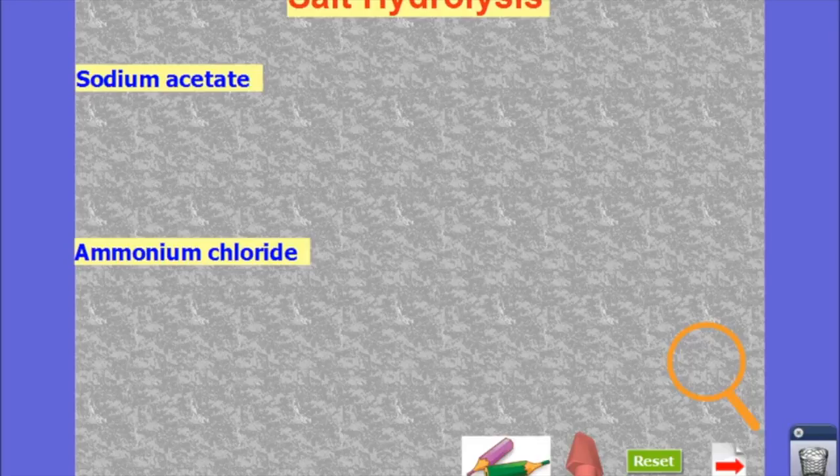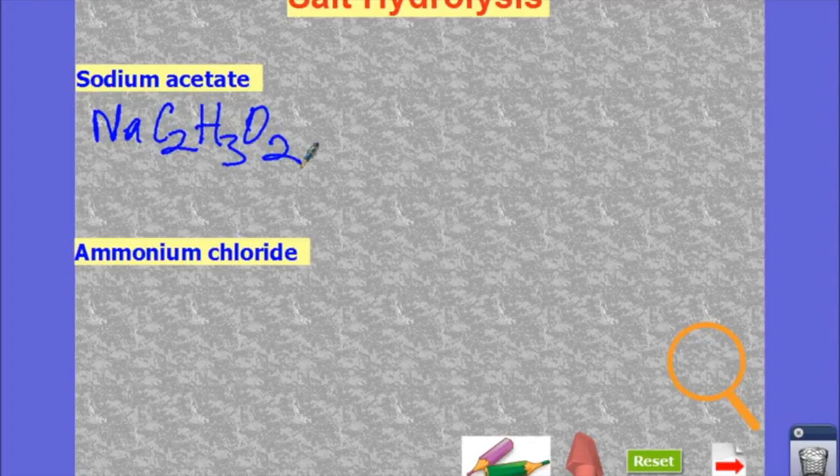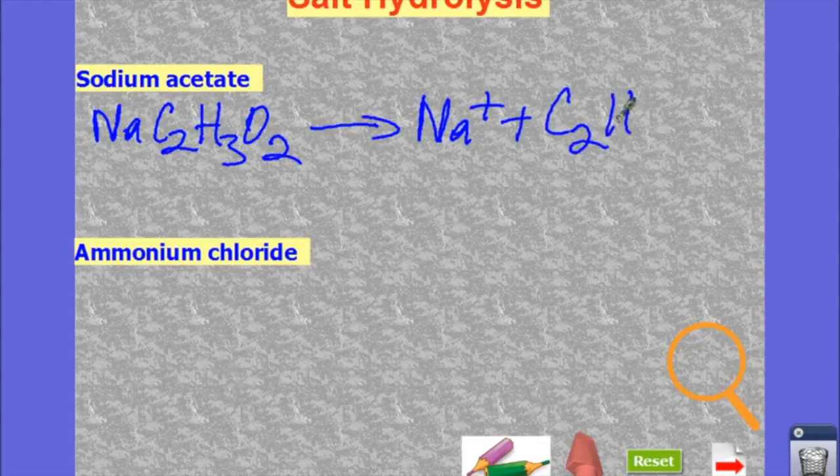Let's write down sodium acetate, NaC2H3O2. This is a salt. It is soluble. When you put it in water, it will dissociate completely into Na plus and C2H3O2 minus.